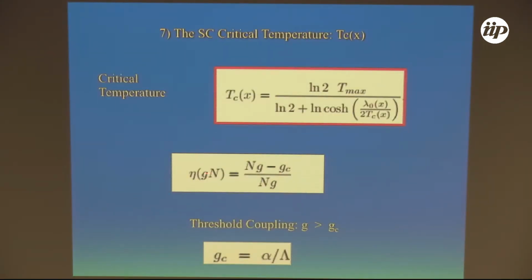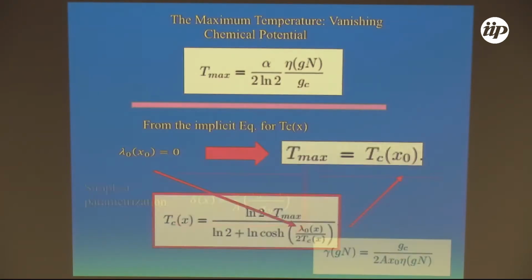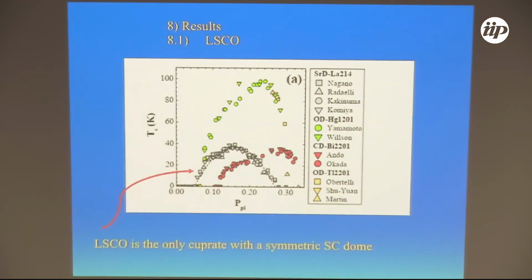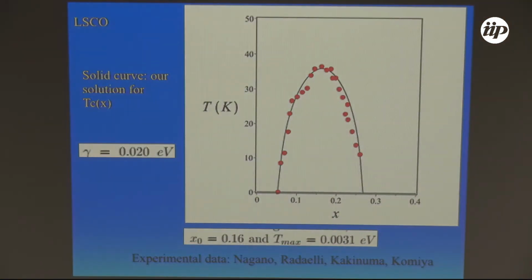So adjusting gamma is basically adjusting G, the coupling. That's the only adjustment we do. So this is our theoretical curve for LSCO. We enter the values of X0 and T maximal and adjust just the interaction coupling.